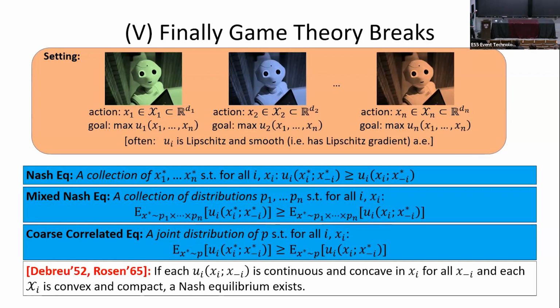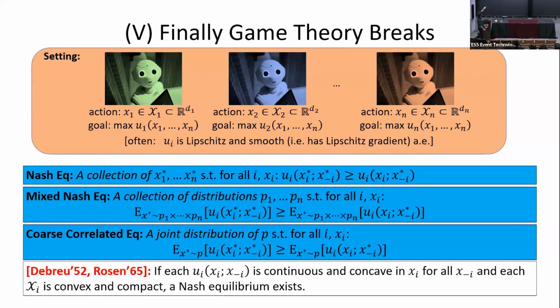All right, what do we know about these notions? An important result, coming back to the concavity assumption I was talking about earlier, is that if U_i is continuous and concave in X_i, so it's continuous, and it is concave in X_i for all settings of X_{-i}, right? So there's a comma there. And every set is convex and compact. Then there's the first kind of Nash equilibrium, and therefore the second kind as well, and the third kind, because these are just bigger sets of things.